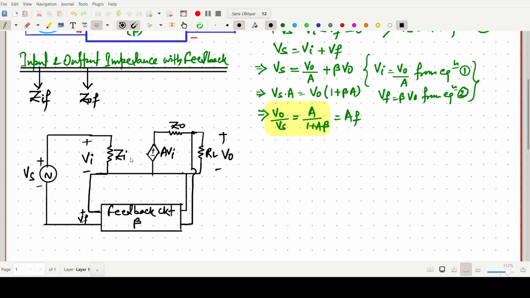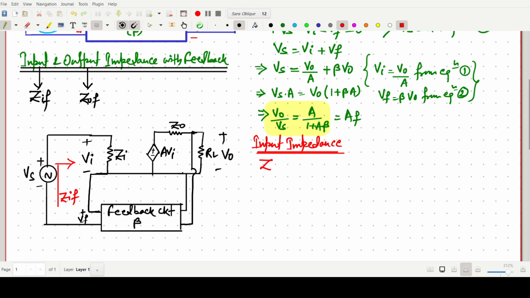Zi is the input impedance of the basic amplifier. So first we have to find the input impedance. The input impedance looking from this side is simply ZIF.